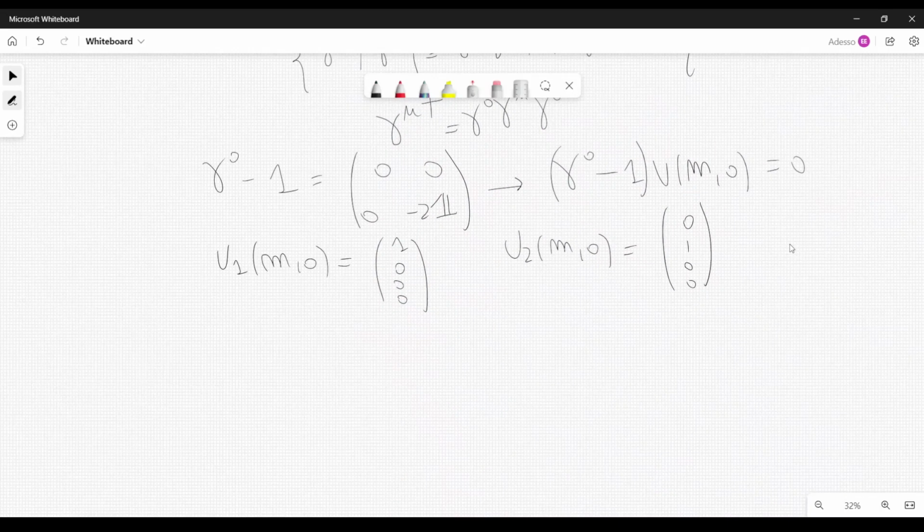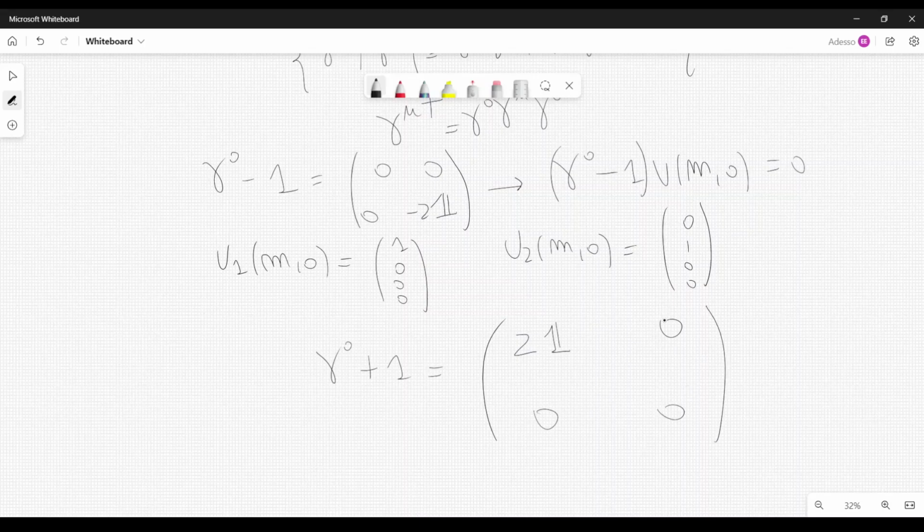Similarly, if we consider gamma 0 plus 1, we will get something like this: 2 times the 2 by 2 identity matrix, 0, 0, 0. And remember that these zeros here are actually 2 by 2 matrices. So when we consider gamma 0 plus 1 acting on v of m0 equal to 0, we also get two independent solutions for v1 and v2.